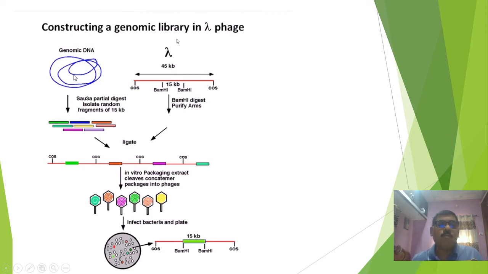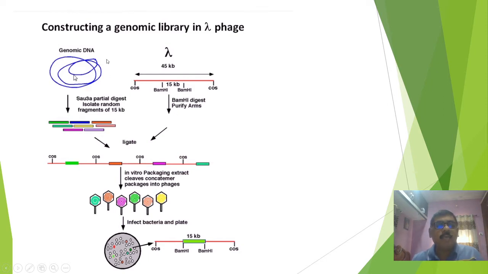Generally, the genome of the lambda phage is 45 kb, and 15 kb of it is not vital; these genes are not required for survival.